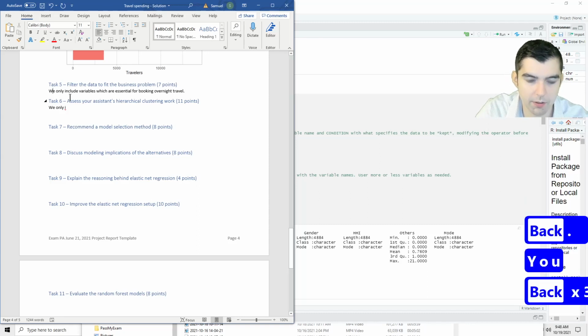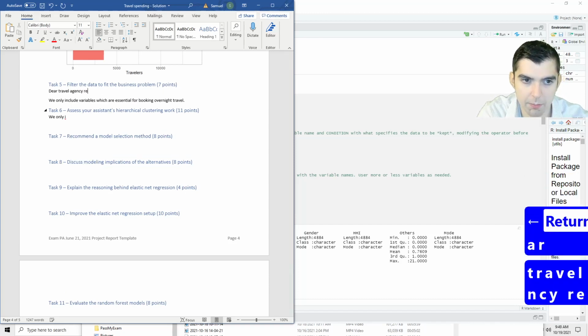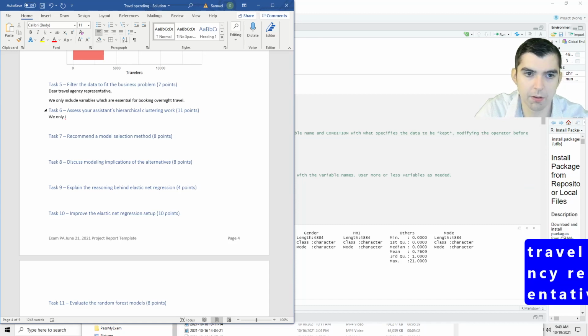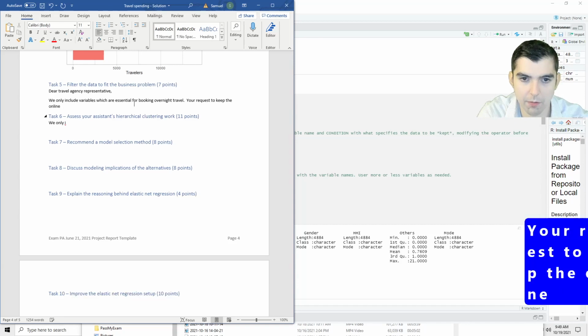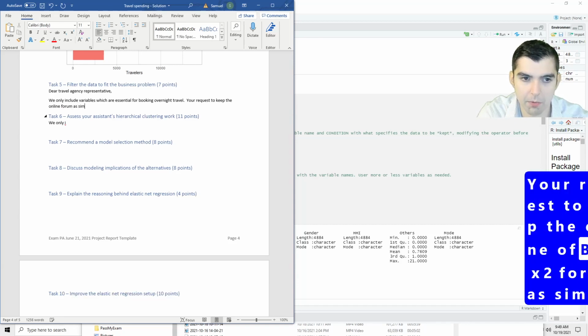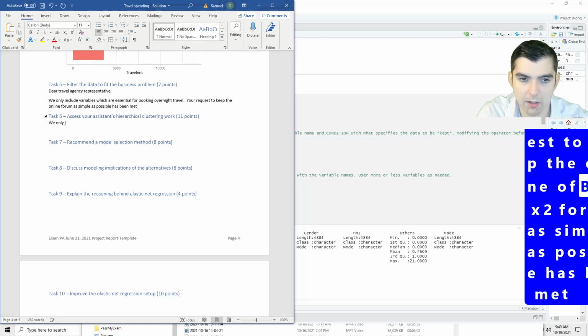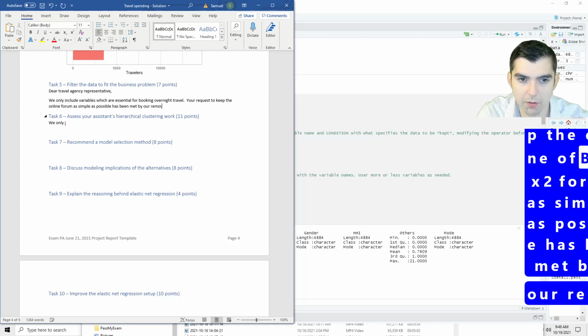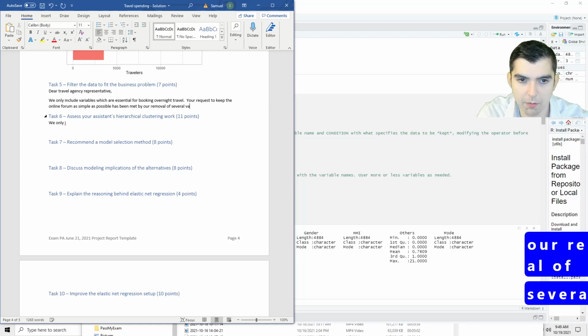Let's write this to the client. Dear client, travel agency representative. We only include variables that are essential for booking travel. Your request to keep the online form as simple as possible has been met by our removal of several variables, several pieces of information.